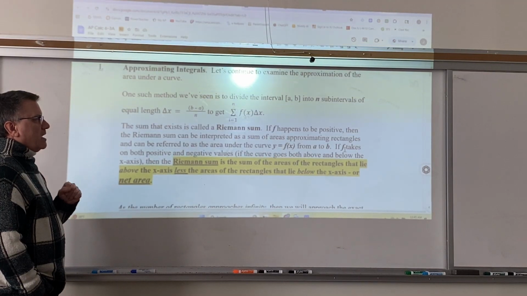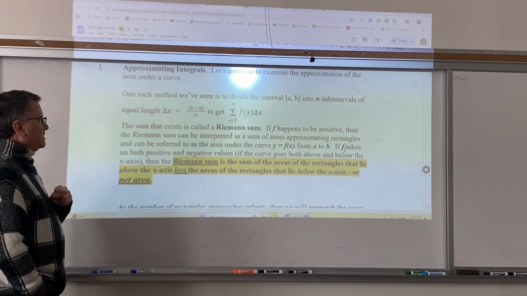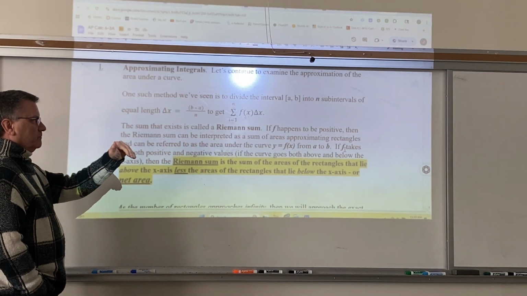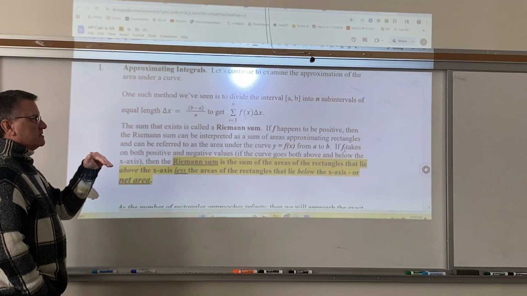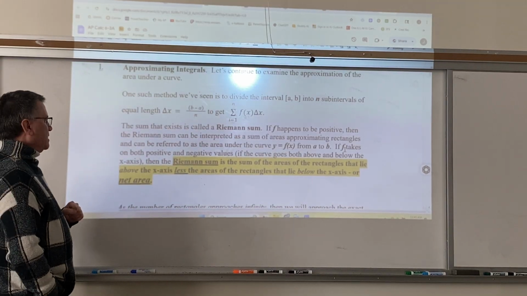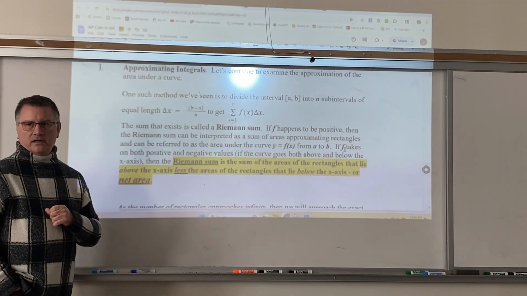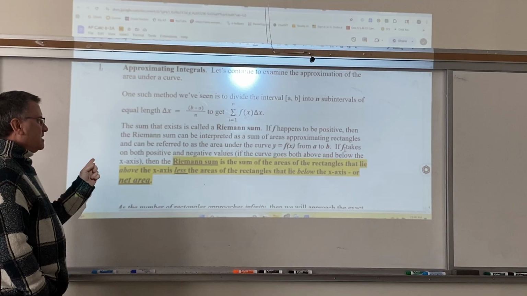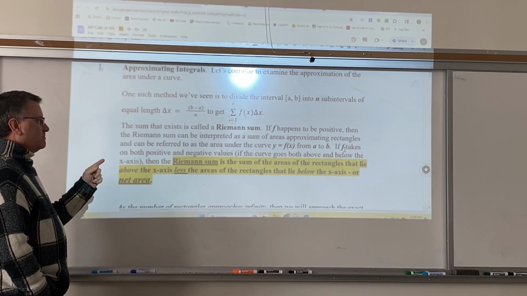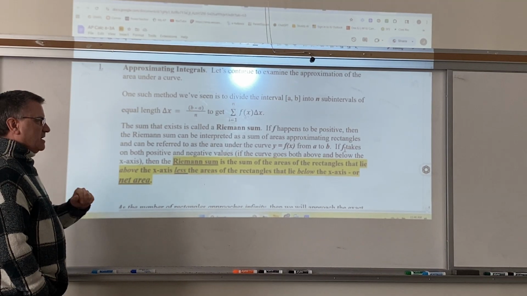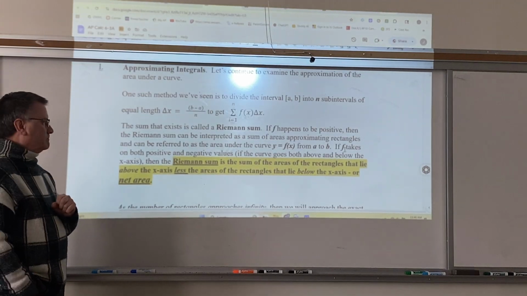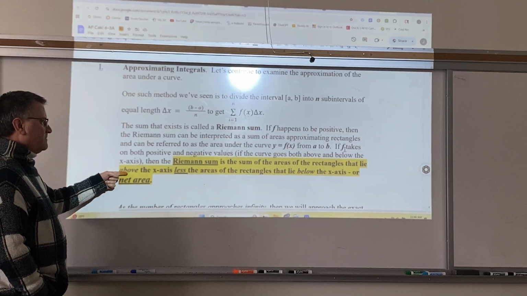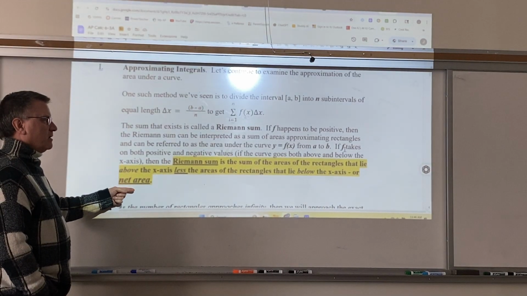Then, if f happens to be positive, then the Riemann sum can be interpreted as the sum of the areas of the approximating rectangles and can be referred to as the area under the curve from A to B. If f takes on both positive and negative values, meaning it might go under the x-axis, then the Riemann sum is the sum of the areas of the rectangles that lie above the x-axis less the areas below.